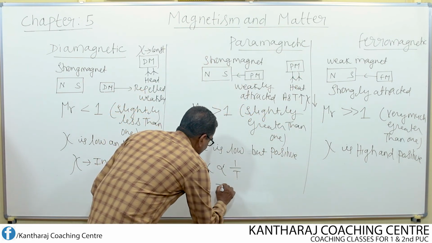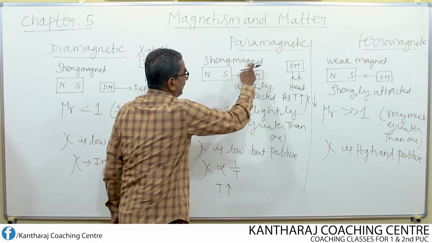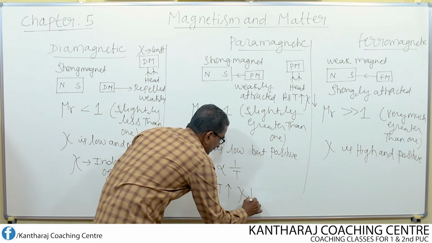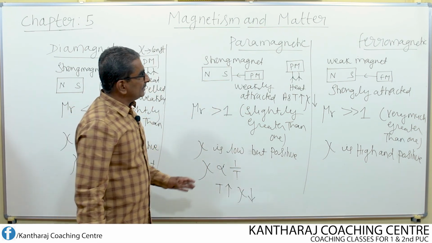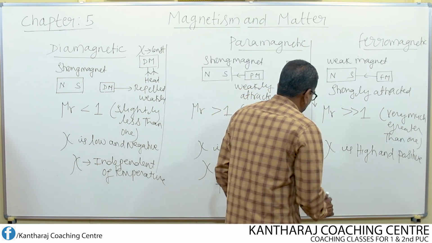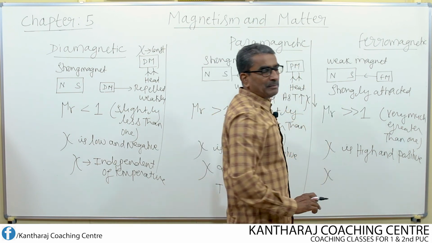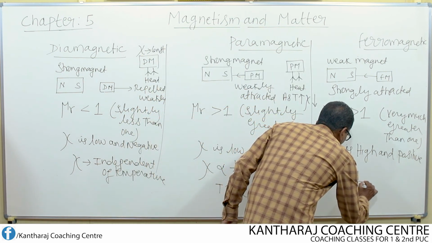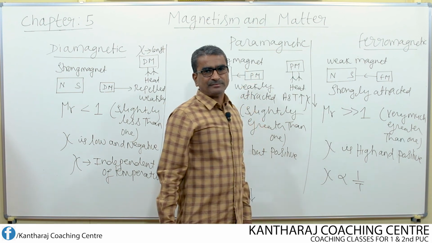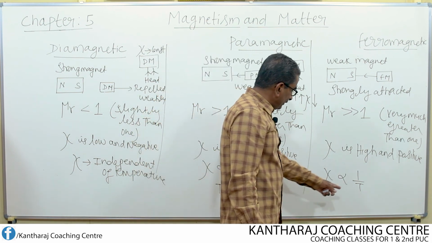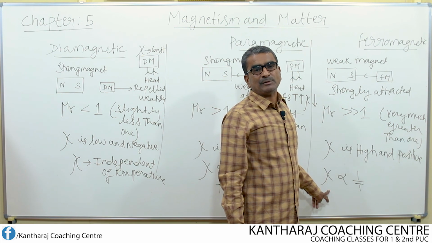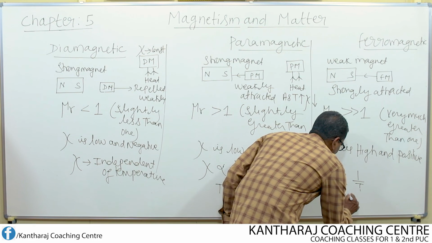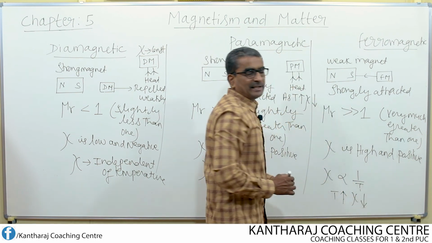As T increases, higher the temperature of paramagnetic material, then lower will be the susceptibility. Then coming to ferromagnetic material, once again here susceptibility is found to be inversely proportional to absolute temperature itself. That means if you increase the temperature, here also susceptibility decreases. If T is increased, susceptibility is decreased.